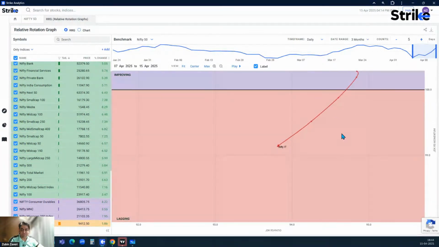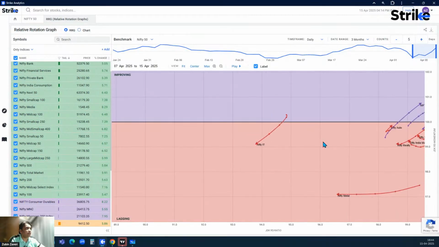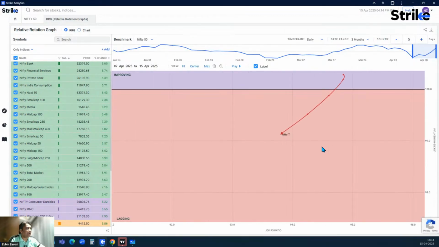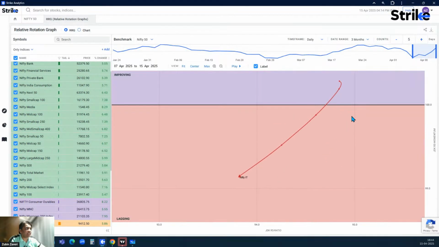Is that clear, my friends? And also look at the RS momentum. What is happening to the RS momentum? So on 9th of April, the RS ratio was 94.60. Then it came down a little bit to 94.25, and it again came down to 93.82.